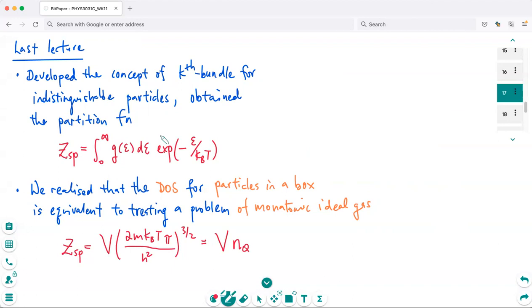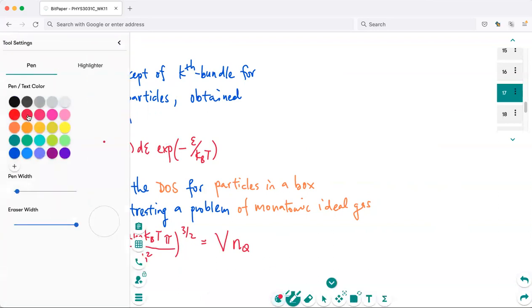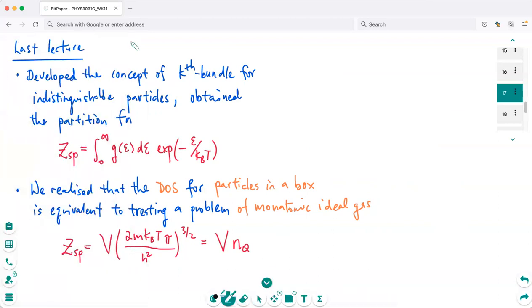This is equation 10.38 in my notes. You can recognize the trace of it. The partition function in the discrete form is the sum over g sub k, and then e to the minus epsilon sub k divided by k_B T. We developed it that way.